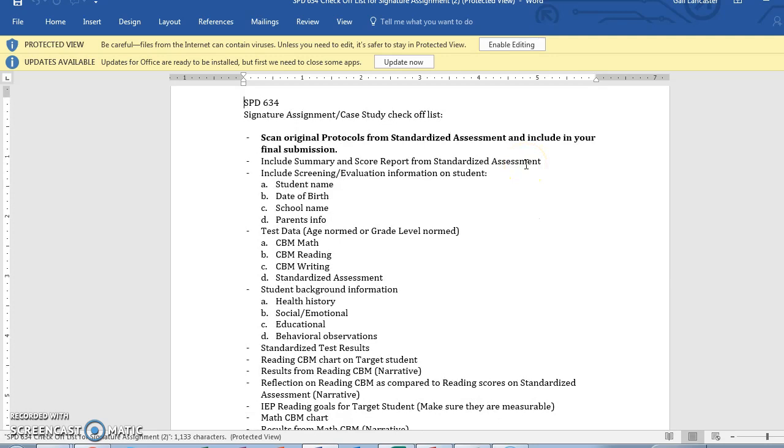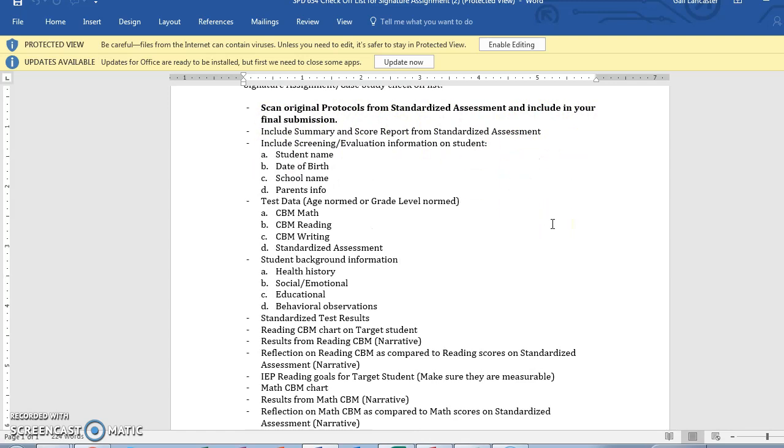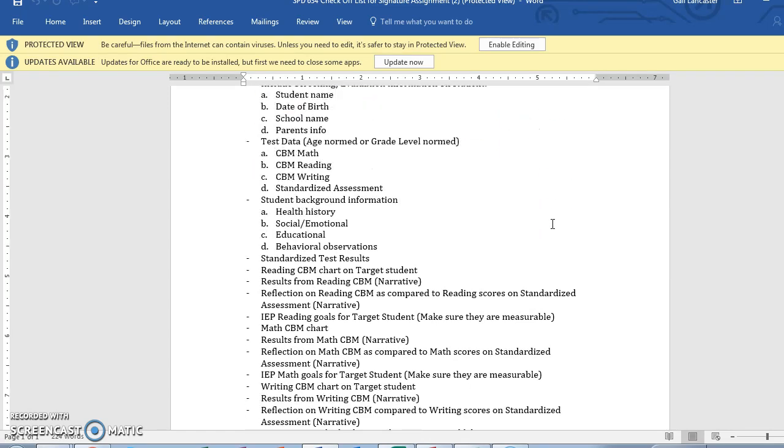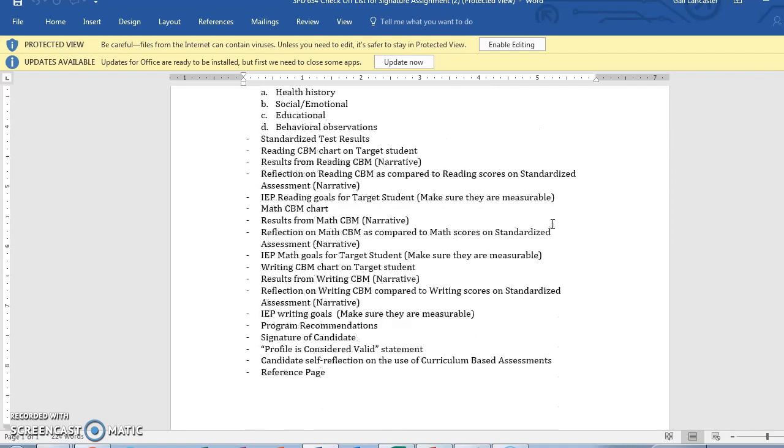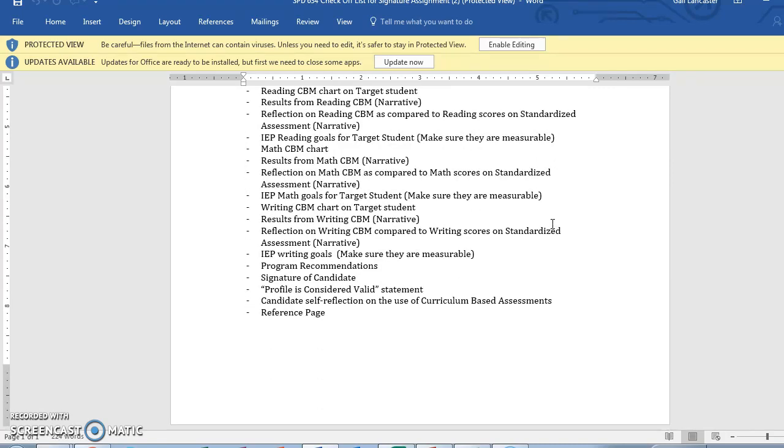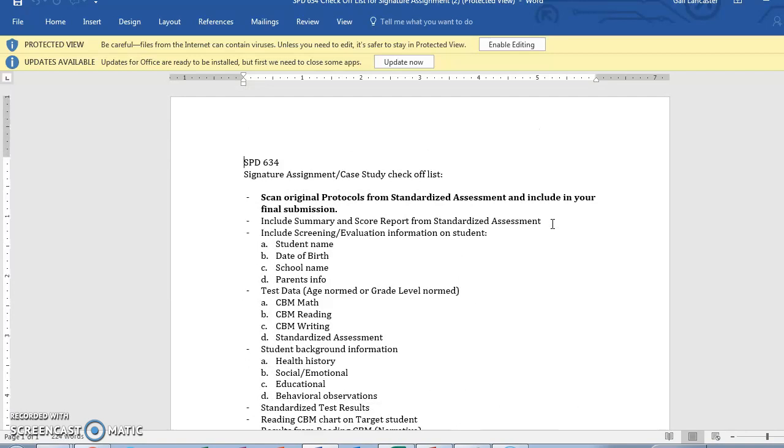There you go, right here. Scan original protocols from standard assessment, including your final submissions. This checkoff list will make sure that you don't miss anything. So go into course resources and download it. I think you will find it very helpful.